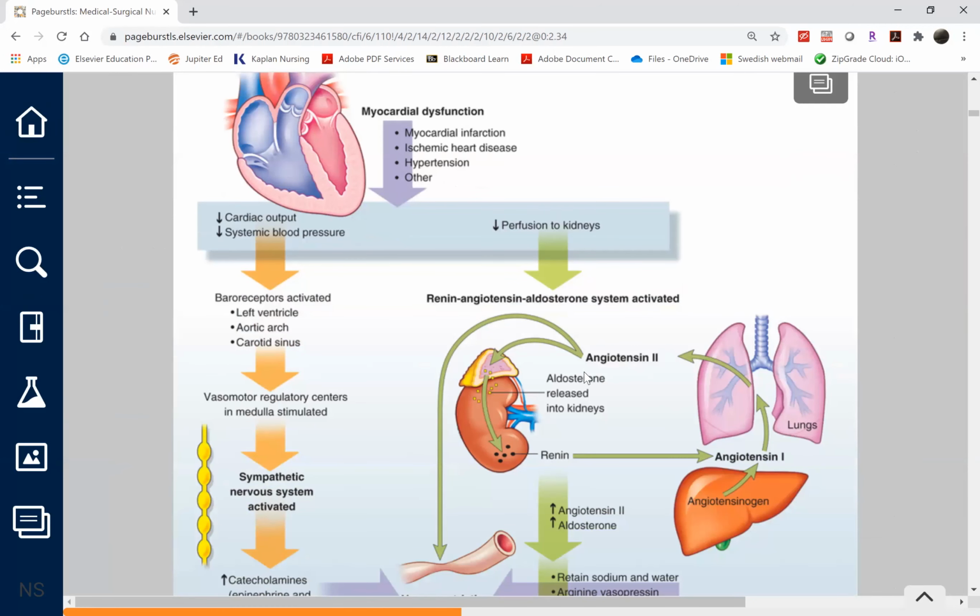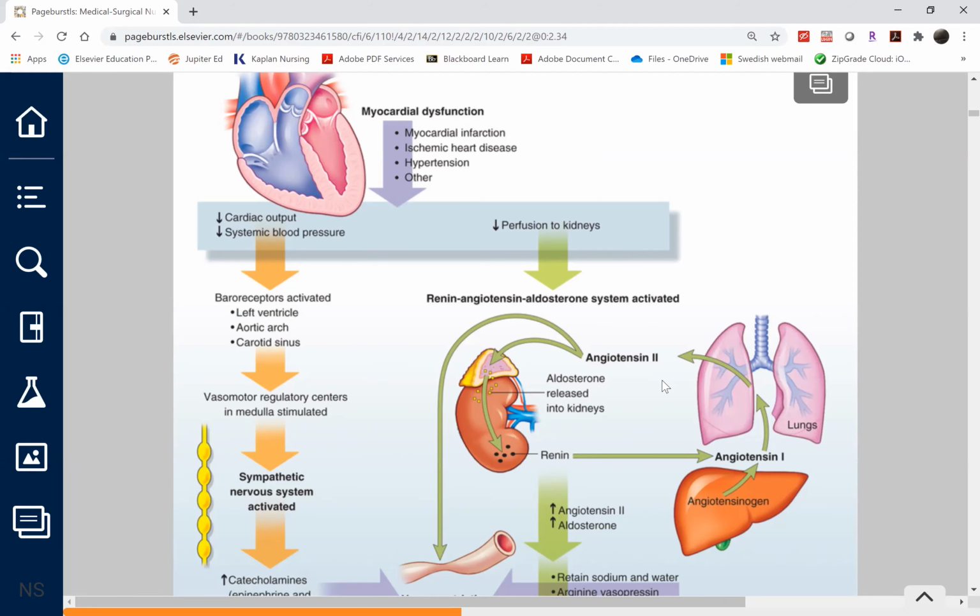So in chapter 11 we talked about antidiuretic hormone. We talked about the renin-angiotensin-aldosterone system, right? I don't think we talked about sympathetic nervous system stimulation there. So here is the sympathetic nervous system.